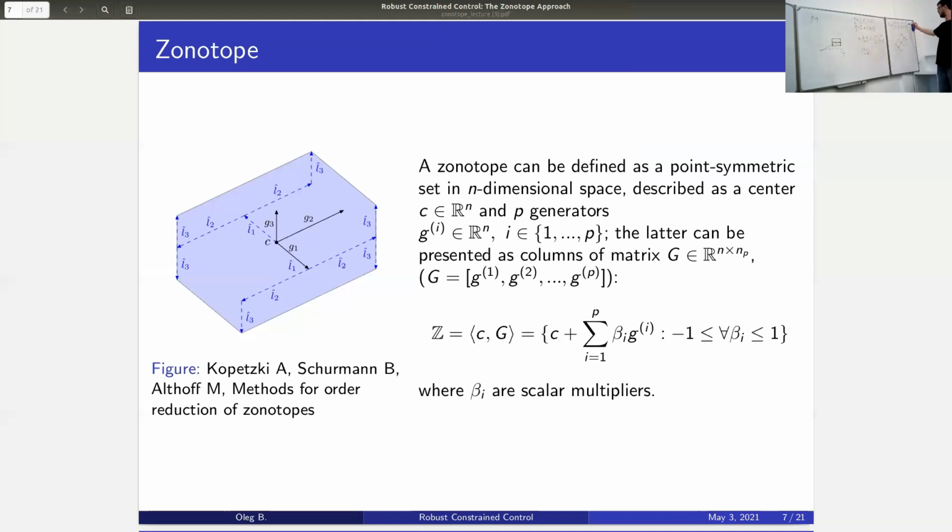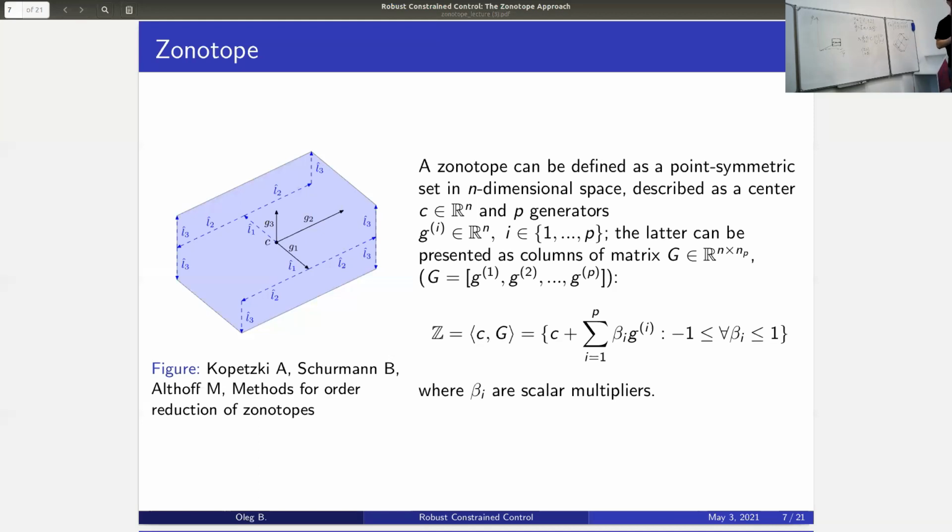And the next vector, 0.1, 0, like this, and all those combinations are described in this form. And this is the Zonotope, as I said.